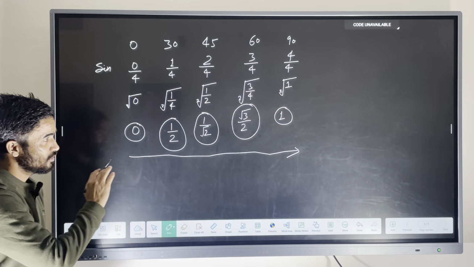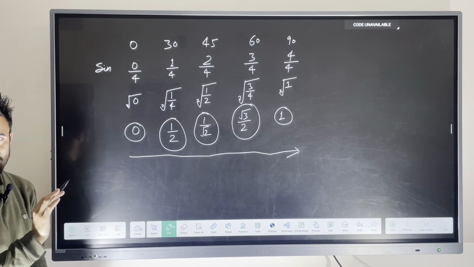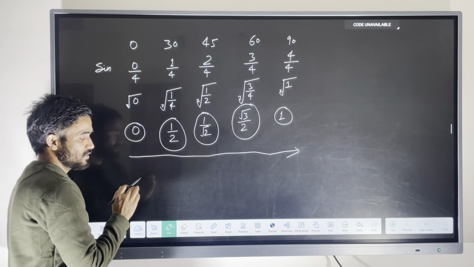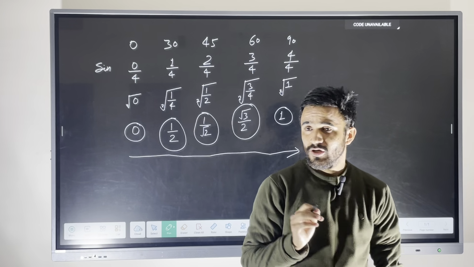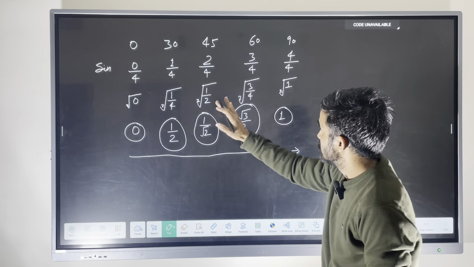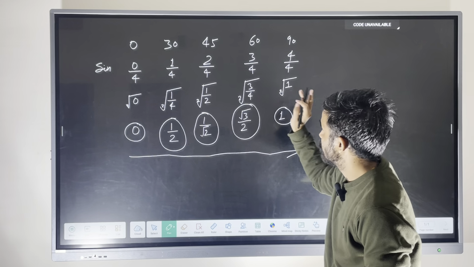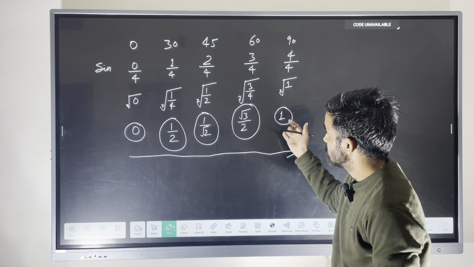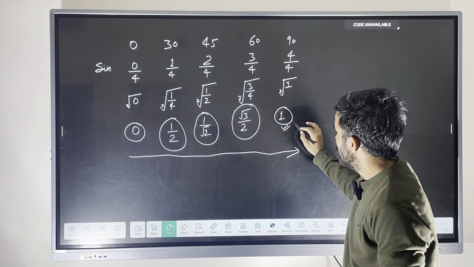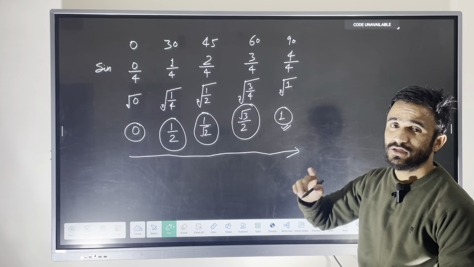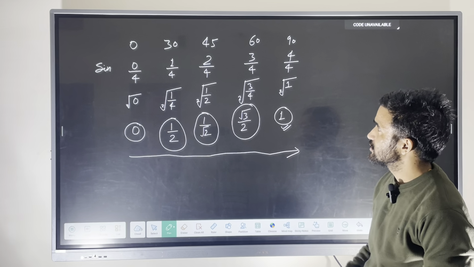So we got the values of sine at different angles just by that trick. First, write down the whole numbers up to 4, then divide each number by 4, then take the square root of each number, and you will get the values of sine at different angles.